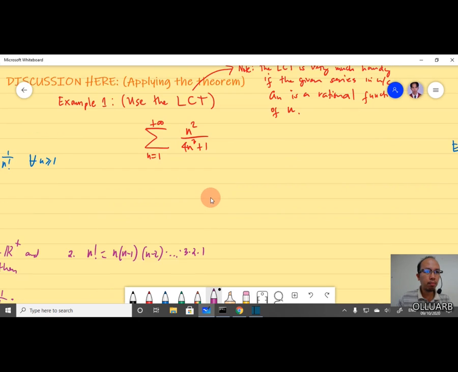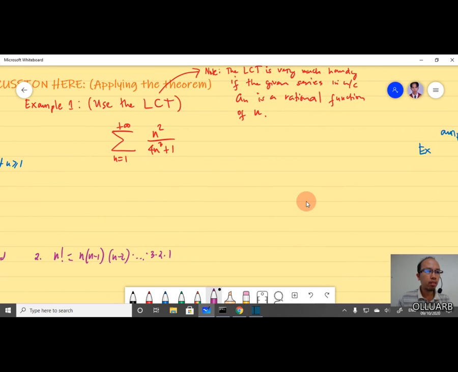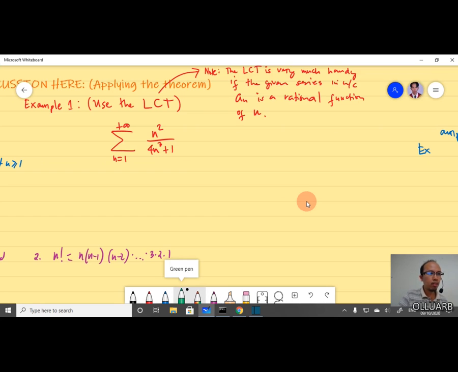Let's move up. Can we use another color, like say green? Let's put a barrier here. What happened?